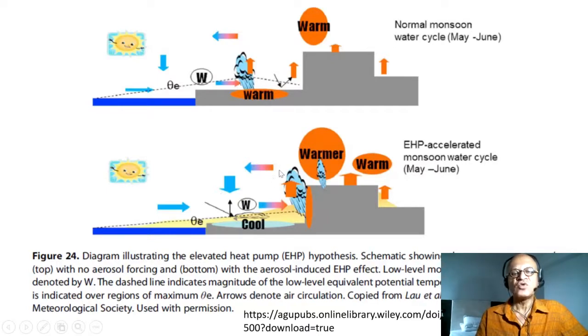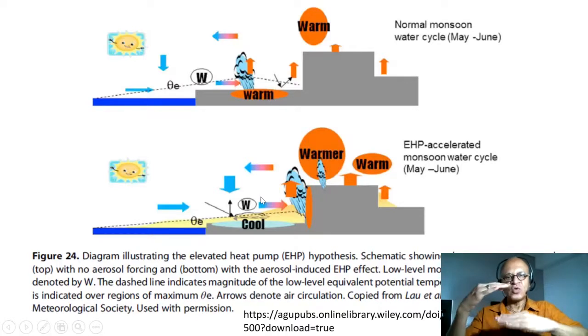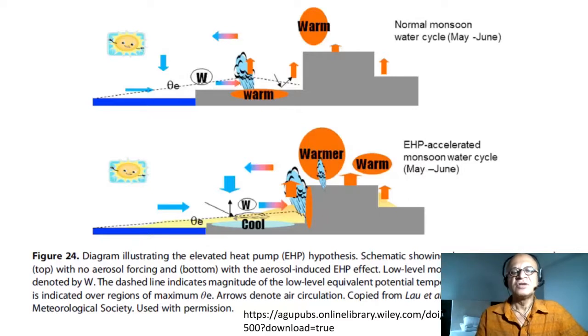That's going to give you the relative cooling of the lower level and the heating of the upper level, which gives you this local enhanced circulation of the elevated heat pump hypothesis, as it's called, at the Himalayan foothills, and we'll see that in fact the aerosol loading can be maximum over there, as you can see over here.